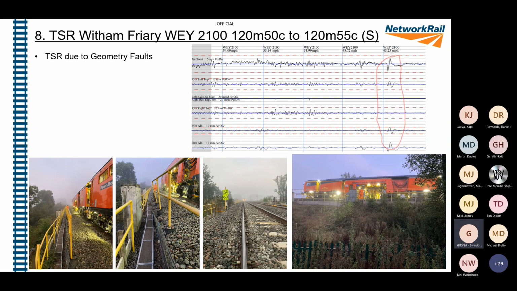And geometry-wise, what I've kind of crudely circled on that trace displays that the right-hand top, so the right-hand rail, is a nice straight line. The left top, the left-hand rail, has got a big S in it as it kind of sinks down towards the cess, and also the alignment.